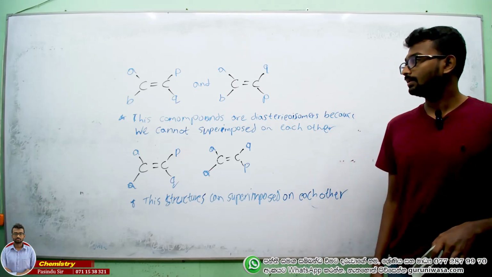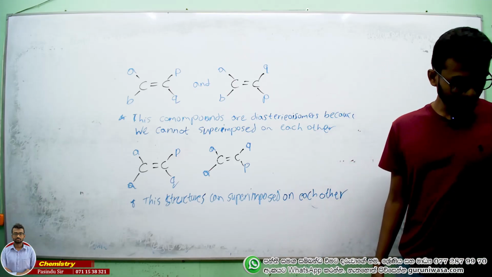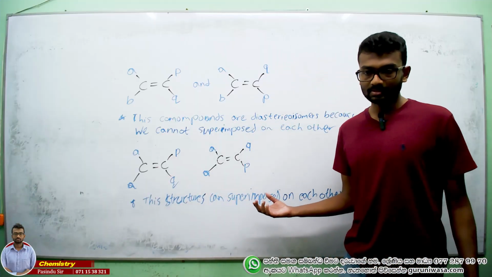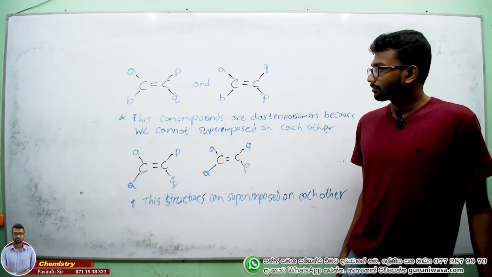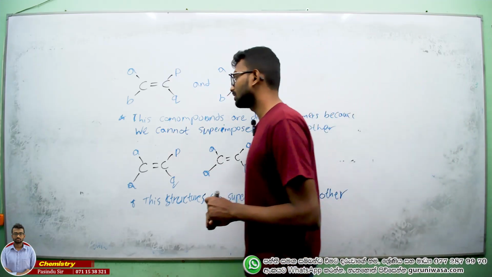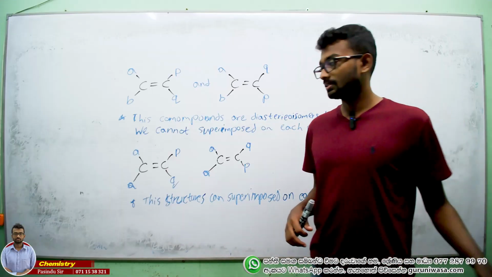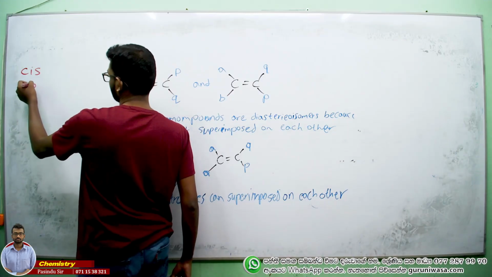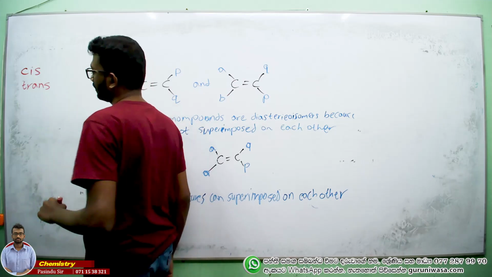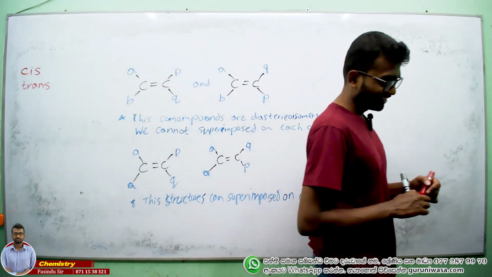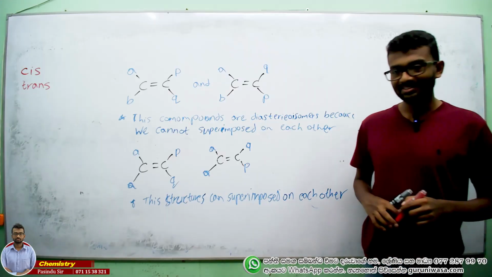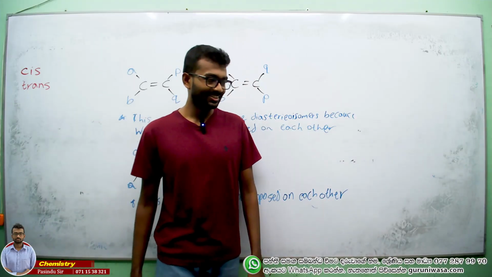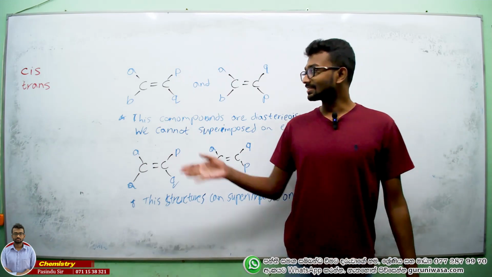Then in this case, these diastereomers depend on the structure. There are two types called cis and trans, right? Trans, not LGBT trans, right? It's a different structure.